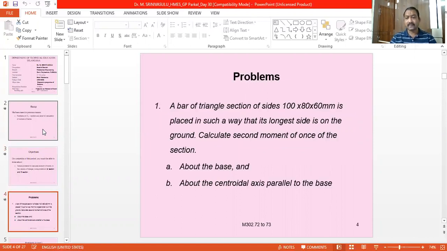So this is the first problem. Take down this problem. A bar of triangle section of sides 100 by 80 by 60 millimeters is placed in such a way that its longest side is on the ground.